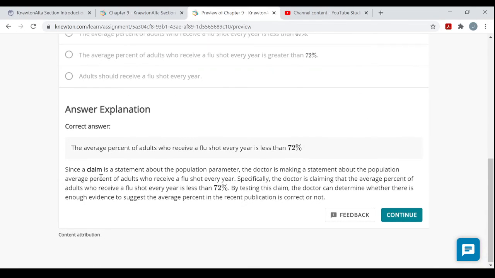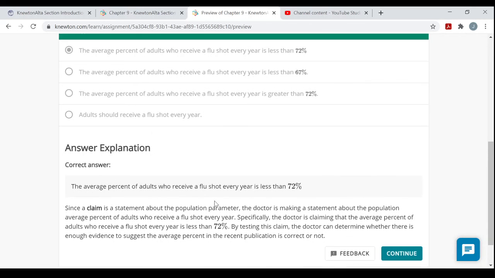And read about the claim again here. Now this was like the first problem I did in the first video. It was about a claim. They might ask you other things. They might ask about what would be the hypotheses or the significance level or the test statistic. But maybe go back in my video here, watch me go through those steps of a hypothesis test again, talk about some keywords, click on more instruction again, look at the keywords, look at the definitions.